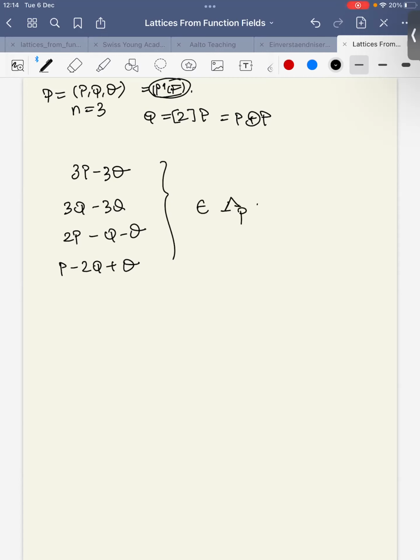That is because we are also considering 3 times the vector of this image, but this is not principal for sure. But we can check the Riemann spaces, and we can say that these are vectors in the function field lattice.